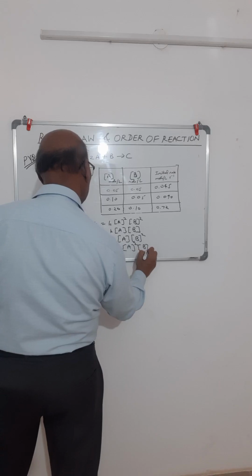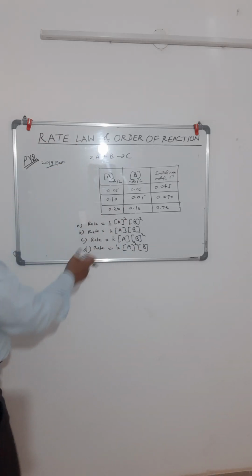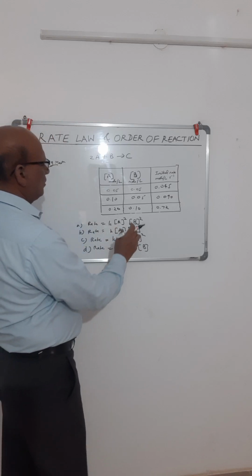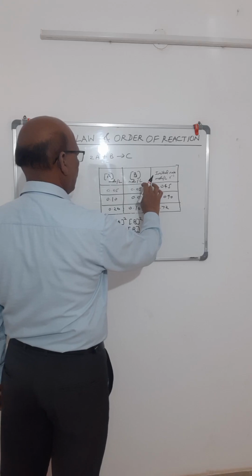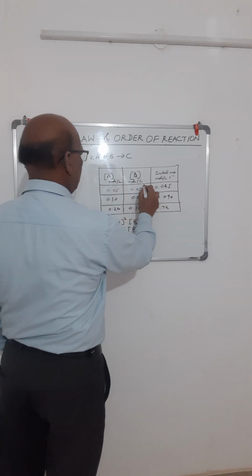This type of numerical, what we will do, we will just observe and then we can find out the rate law. How we will observe? हम पहले ऐसा लेंगे जिसमें दोनों की दो कंसंट्रेशन सेम हो. ओके, यहाँ पे हम देख रहे हैं कि B की कंसंट्रेशन सेम है.